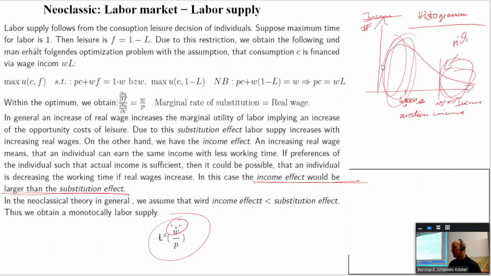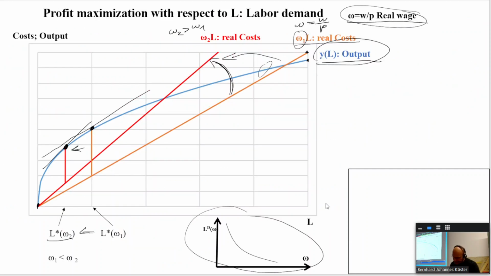Well, and in general we find this. But this is then an empirical fact, while this one here, the labor demand as a function of omega, comes from theory, so to speak. This comes from the assumption that enterprises are profit maximizers.